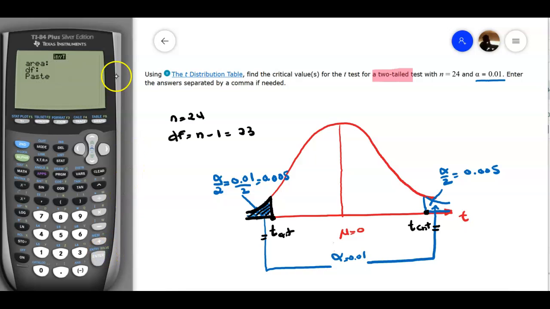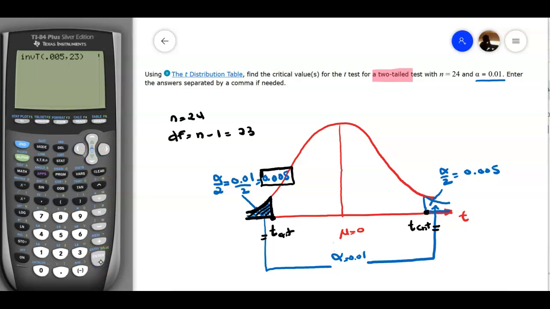Enter. So they're going to ask you about the area, the left tail area, which is this one here, 0.005, and you're going to put a degree of freedom, which is 23, and that's it.